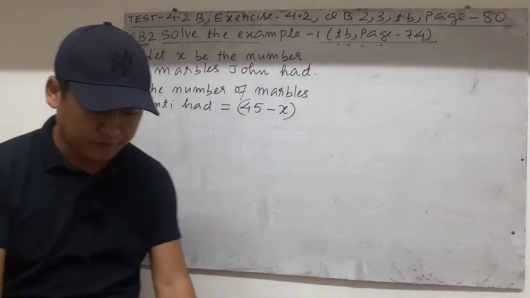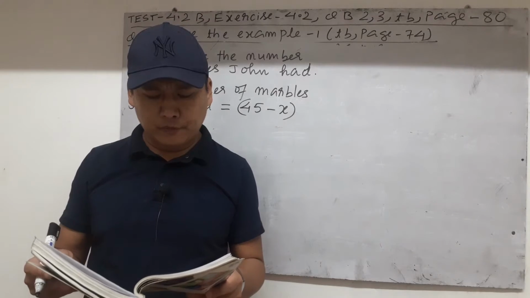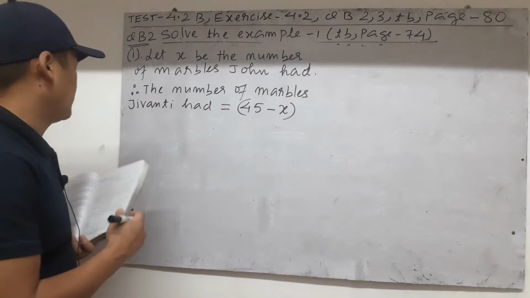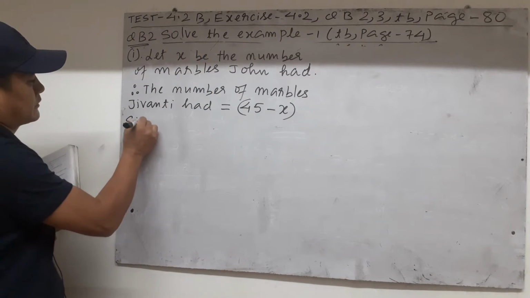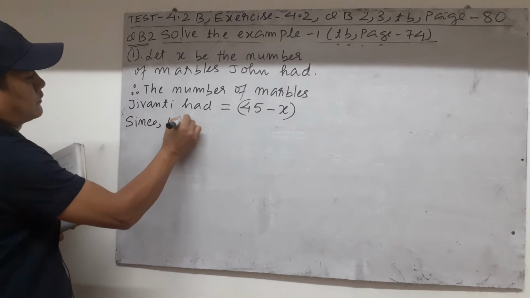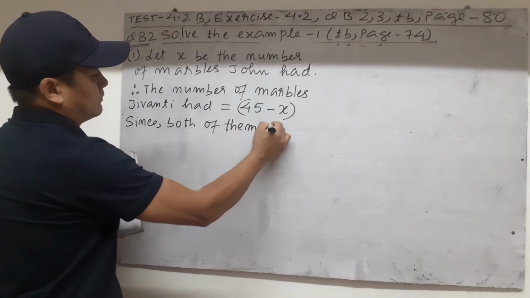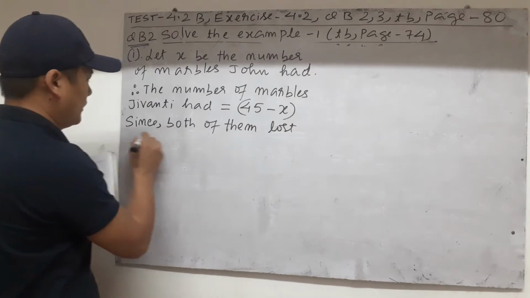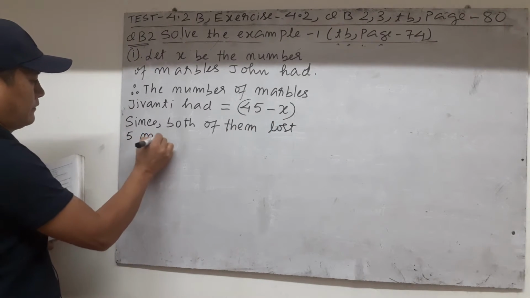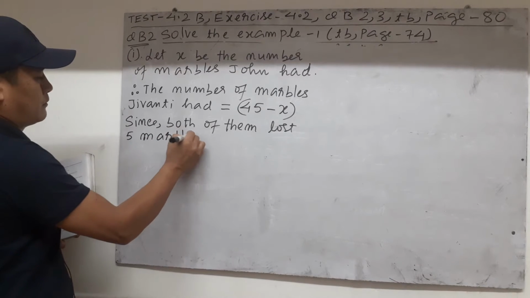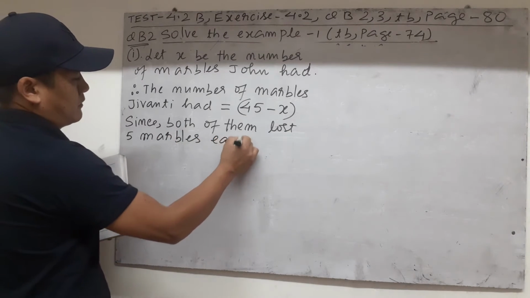Then the next part of the question, second sentence: both of them lost 5 marbles each. So you can write that as a reason, since both of them lost 5 marbles each.